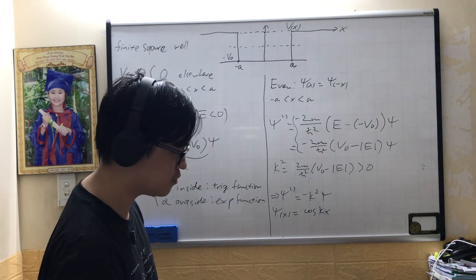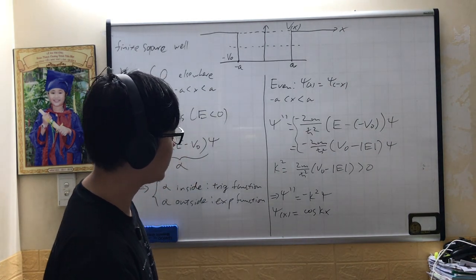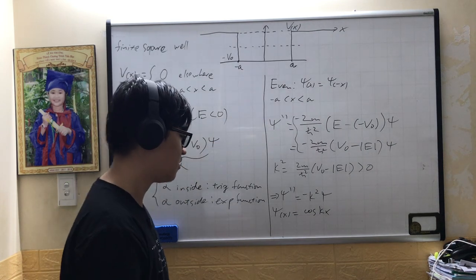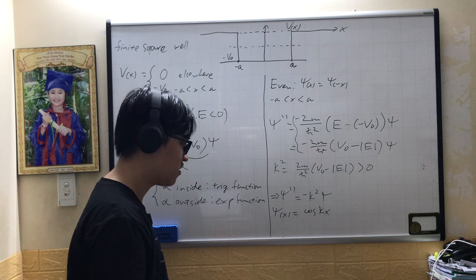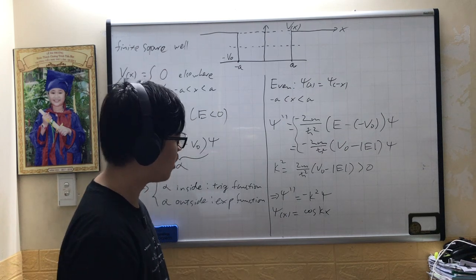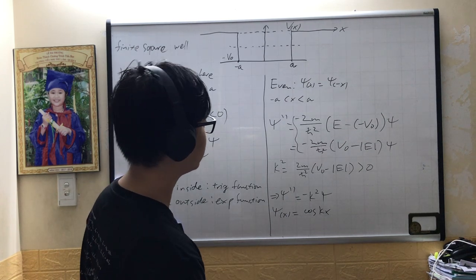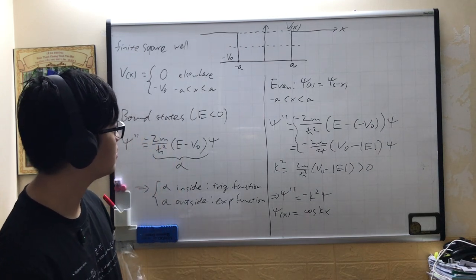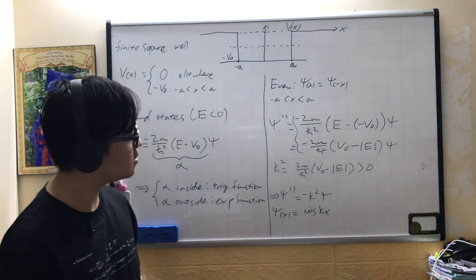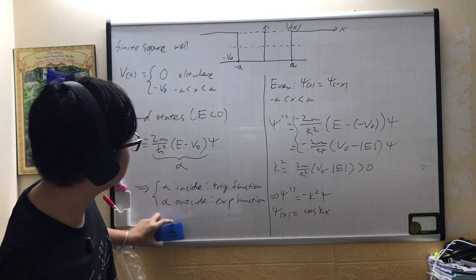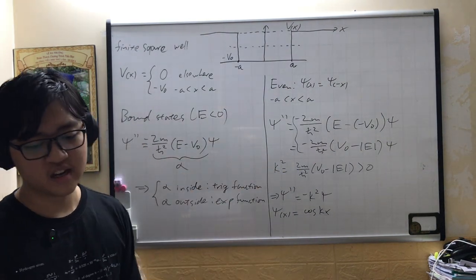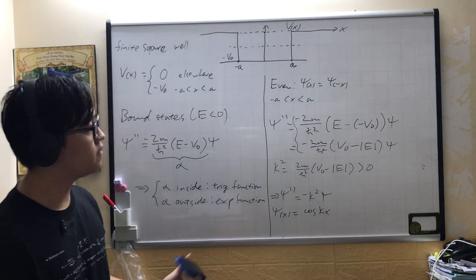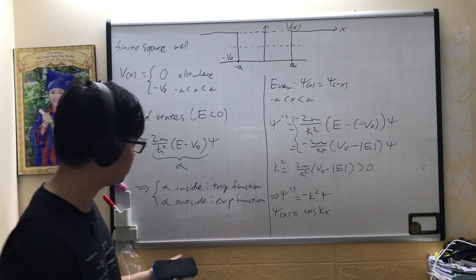One way for you to remember this is that this is even, and in mathematics, even is often associated with cosine, and odd is often associated with sine, and that is exactly the case here. The odd would be sine.